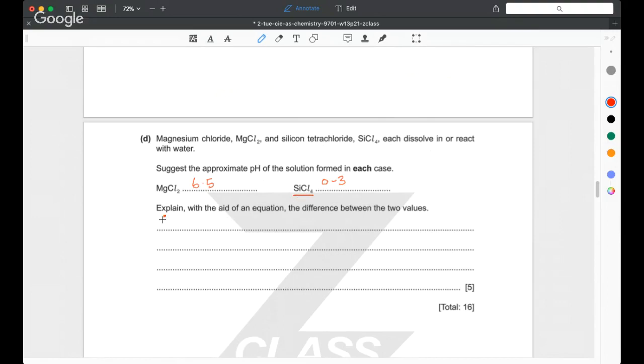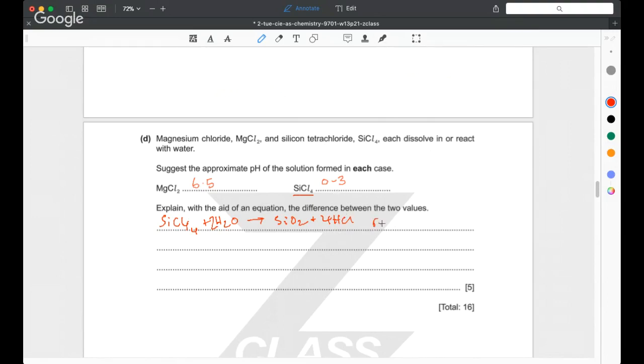You're just writing a reaction between the silicon tetrachloride and water, and you get that. In that process, you produce HCl, and that is the substance responsible for the acidic solution you got here.